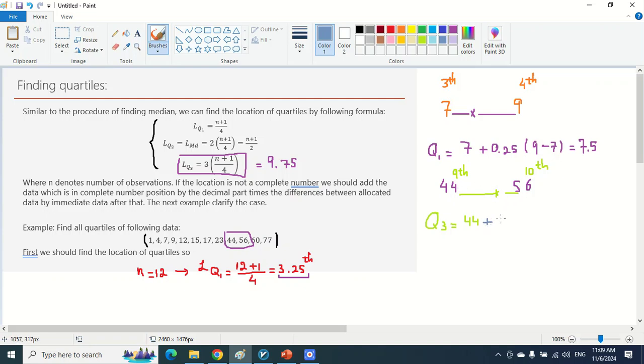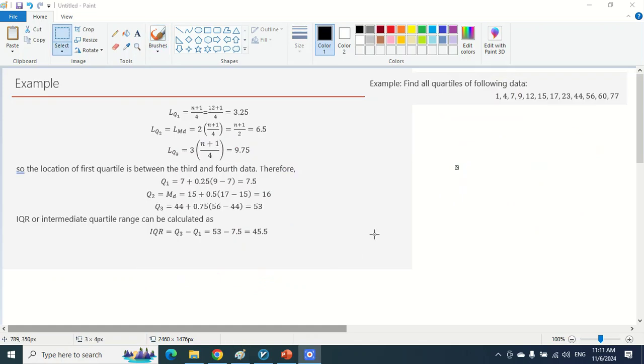So I add 0.75 times the difference between the 10th and 9th elements, which means 56 minus 44, and then I can calculate that value. We can see the calculation over here, and we will find Q3 is equal to 53.